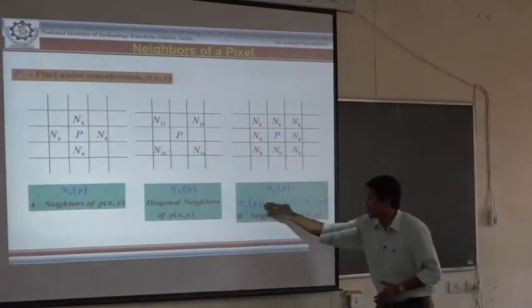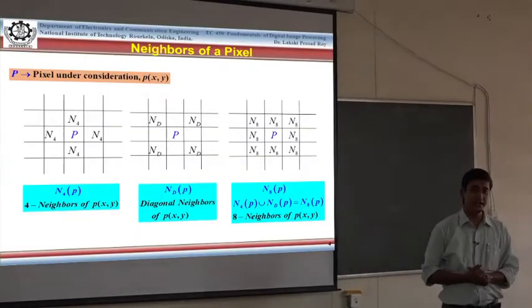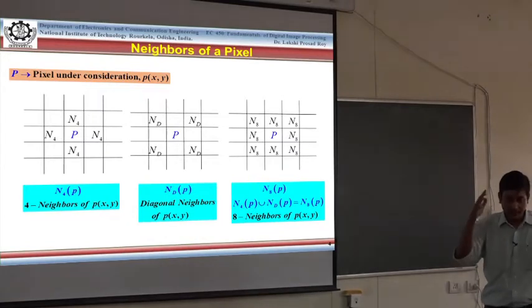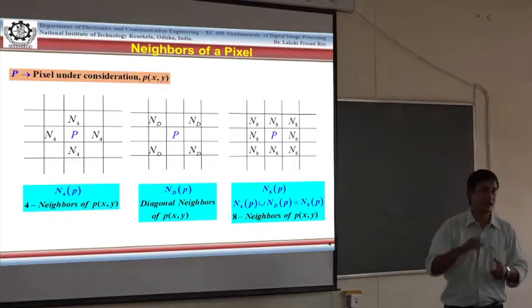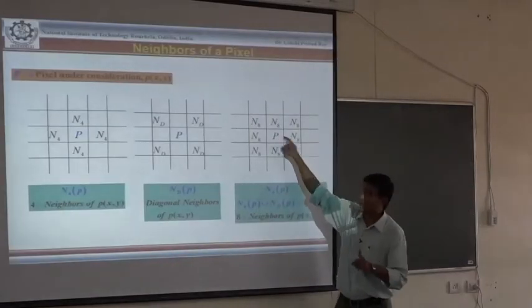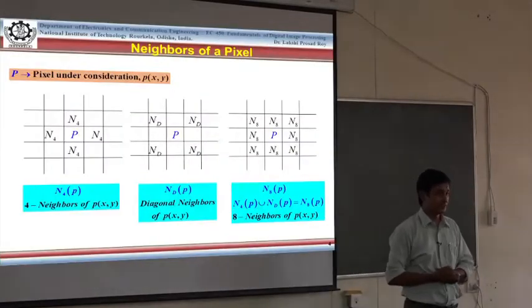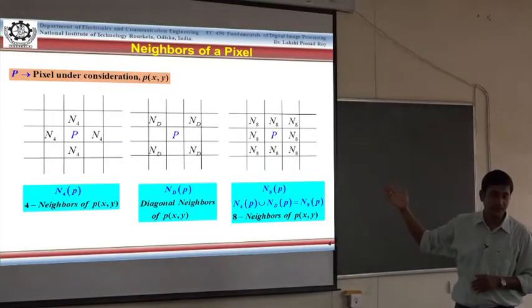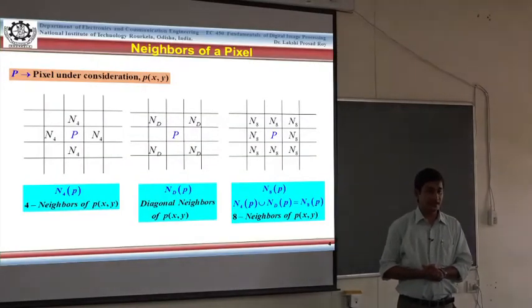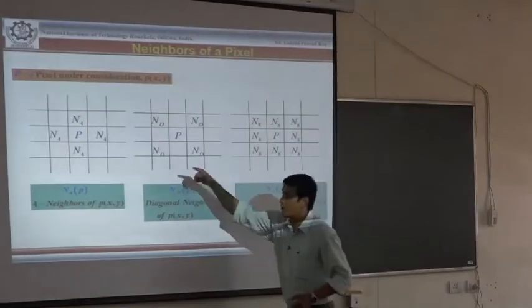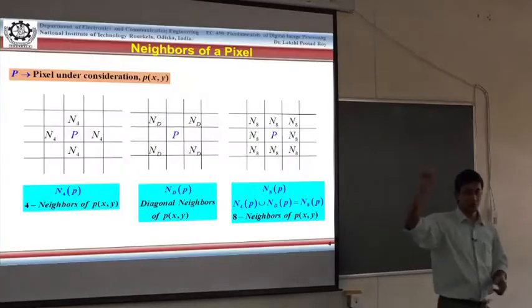So let us take the union operation of N4P and NDP, so that I get a set containing the locations of all the neighbors around the particular pixel P, and let us name them N8, because 8 are the only possibility around it. Those are named the 8 neighbors of P located at x comma y. Okay? Whenever I use these terms from now on, you should quickly think about those locations.